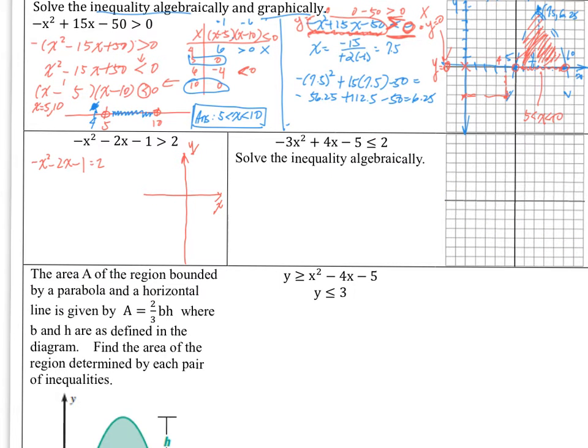Okay, we'll look at a different situation where we have this inequality here: negative x squared minus 2x minus 1 greater than 2. I'm going to write this as a quadratic equation and rewrite it so that it's set equal to 0. And I'm going to find the axis of symmetry. So the axis of symmetry is at x equals negative 1.